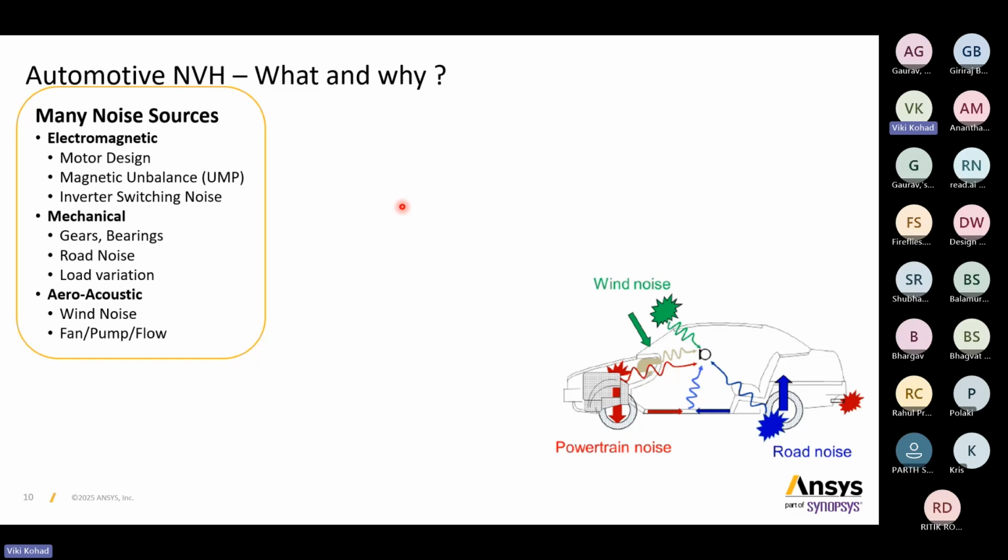They come from electromagnetics, mechanics, and aeroacoustics. First, the electromagnetic: in motor design, stator imbalance causes noise in the motors, and so does magnetic imbalance. Then there is inverter switching noise if you are using PWM control or any feedback control system; at that time you also get some noise in the inverter.